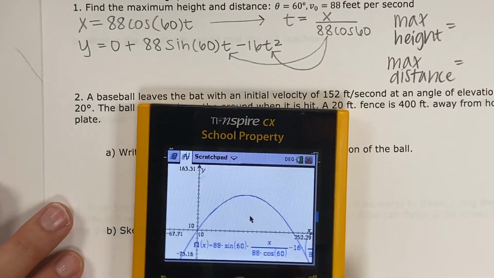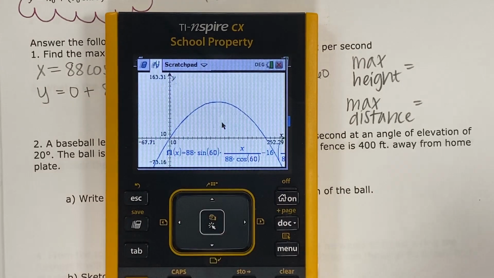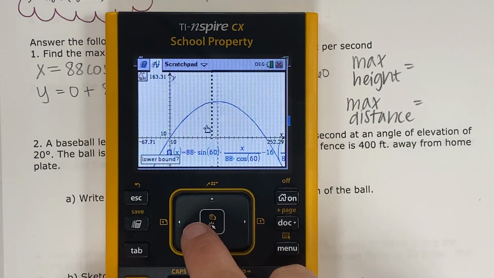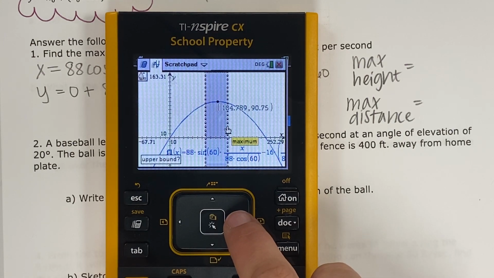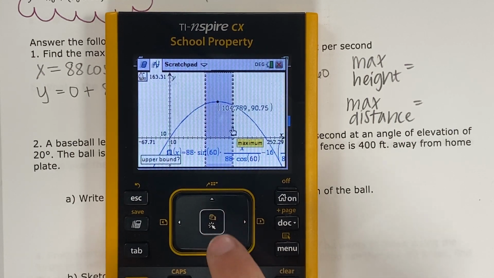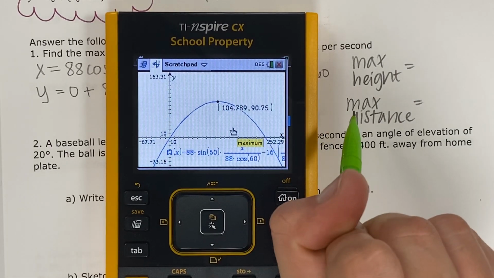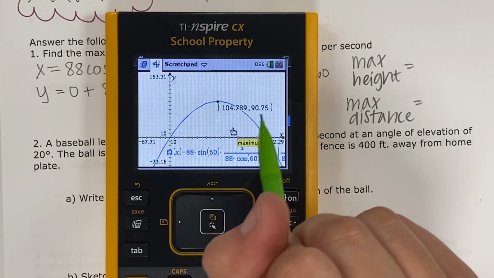Okay, to find the maximum height, I'm going to analyze my graph. Maximum, let's figure out where this maximum is. So I have two values, an x and a y value. If I'm doing max height, that's the y value.